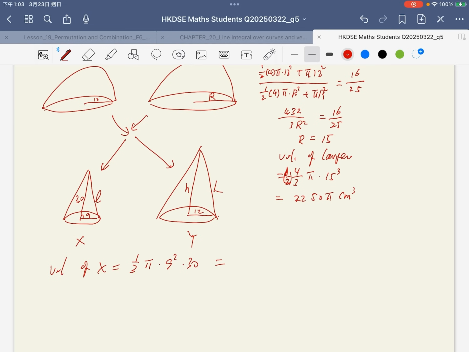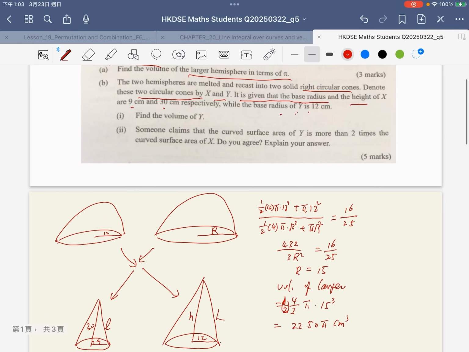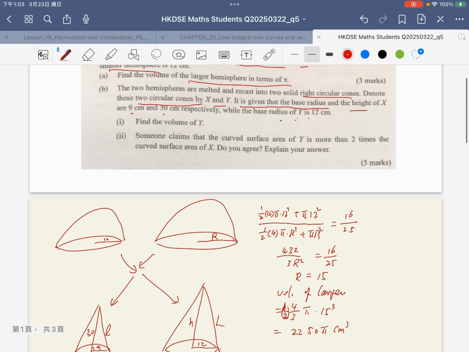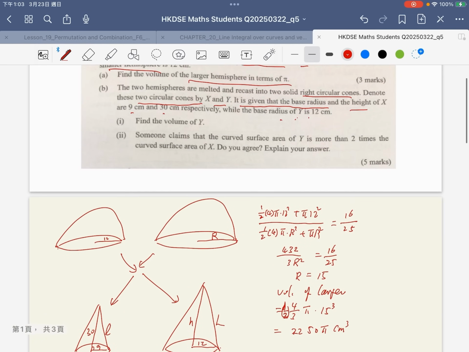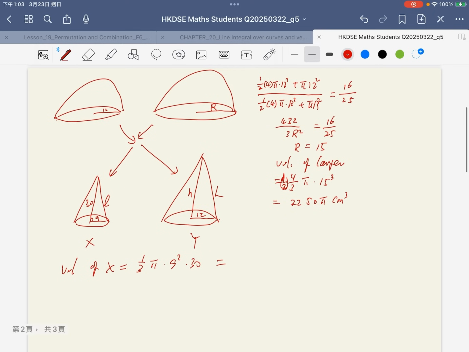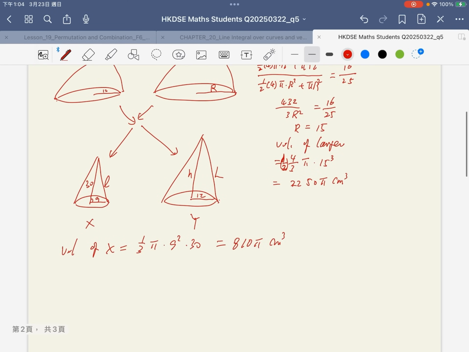I have checked carefully. Yes, 810 pi cm cubed.